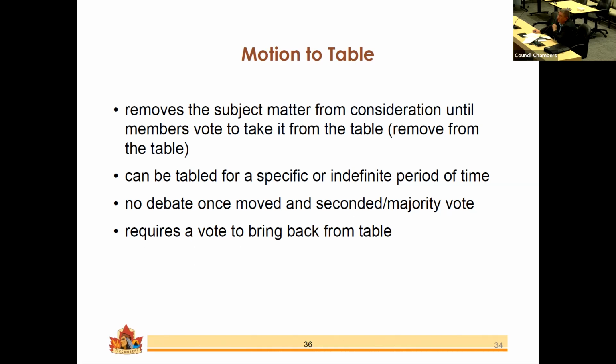The motion to table removes the subject matter from consideration until the members vote to take it from the table. And that could be for an indefinite period of time, but a vote will be required to bring that matter back. And there may be a whole host of reasons why that matter needs to be tabled at that particular point. Next slide, please.